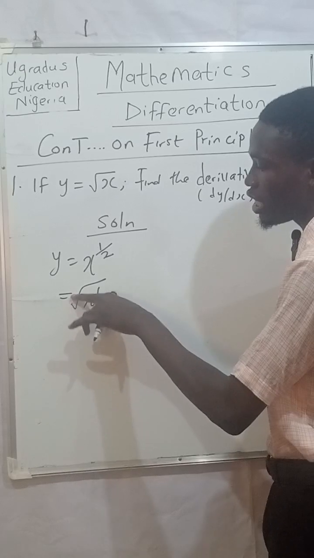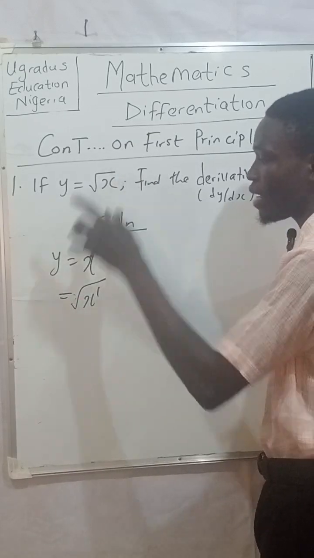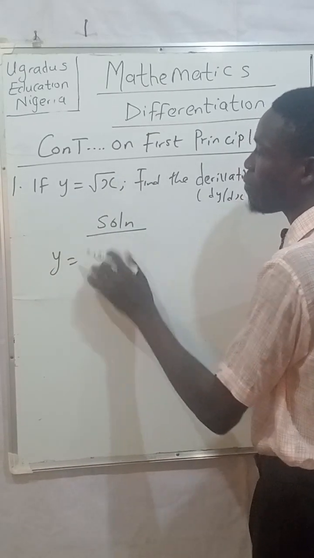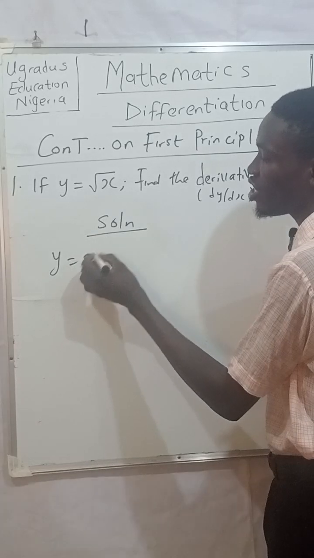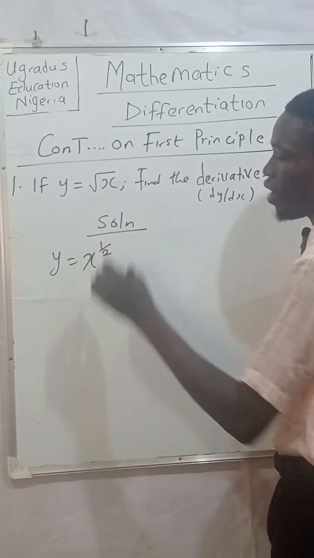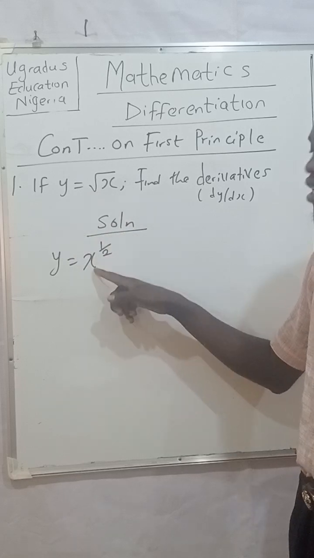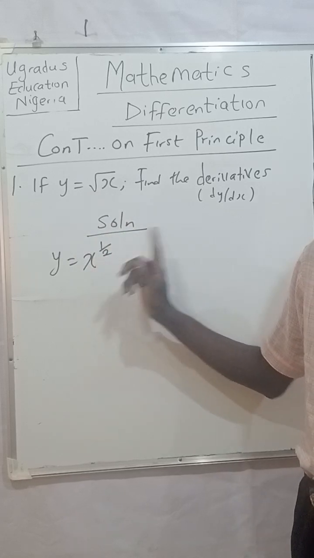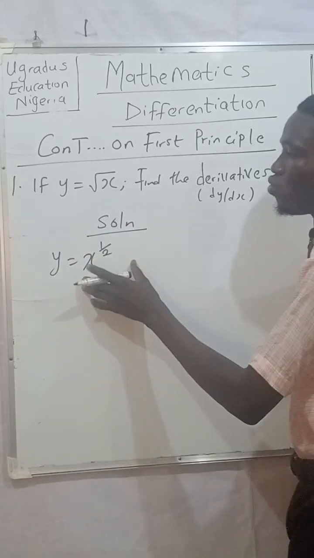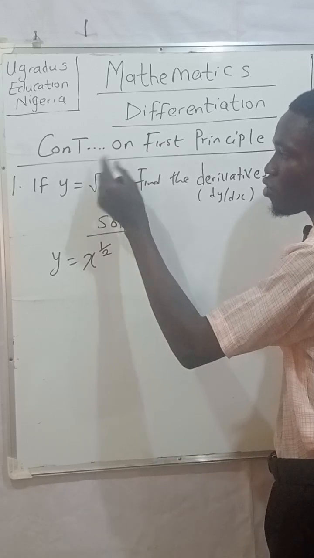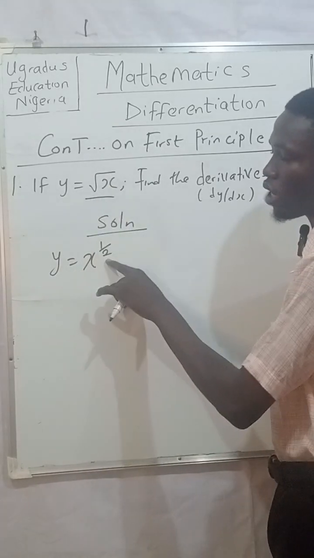So this is what gives what you have here. In a similar manner, anytime you see a root, you can change that root to become power of half. So square root is also the same thing as power of half.